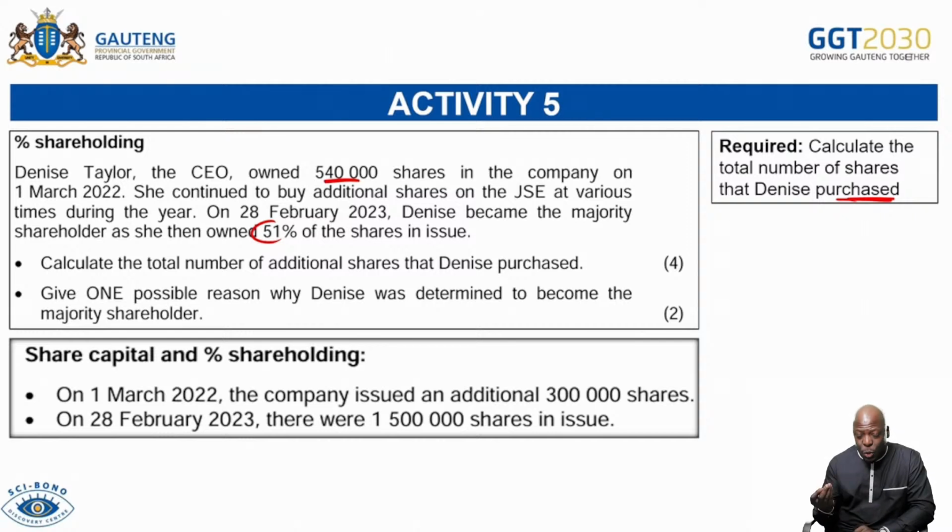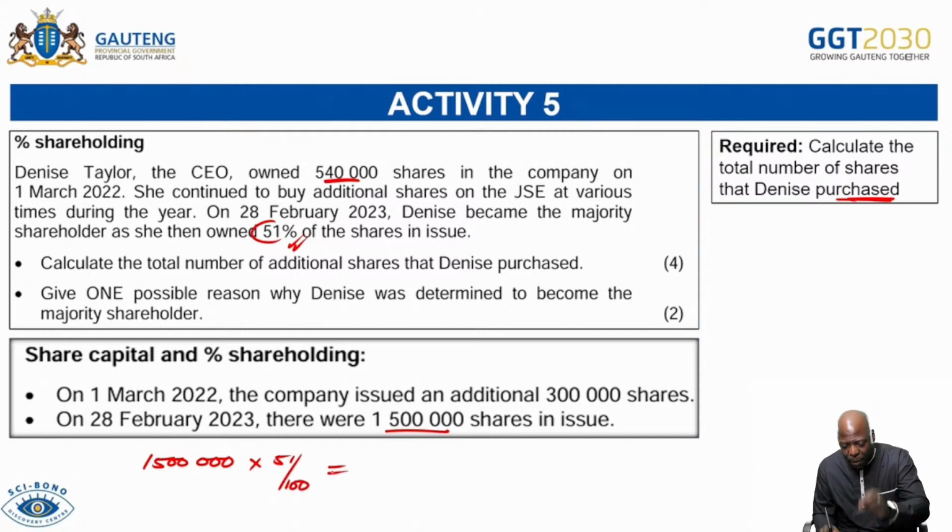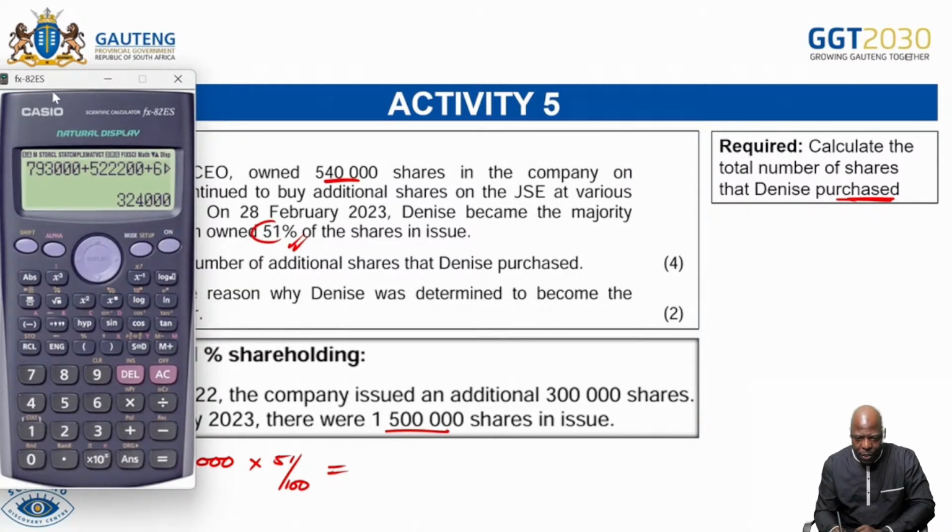But we are told, to make it very simple for us, that on 28 February 2023, there's 1.5 million shares in issue. So if there is 1.5 million shares in issue on 28 February, and we know that she is holding 51%, so we're going to say she now has 51%. How many shares does she hold presently now, so that we don't make complicated calculations?